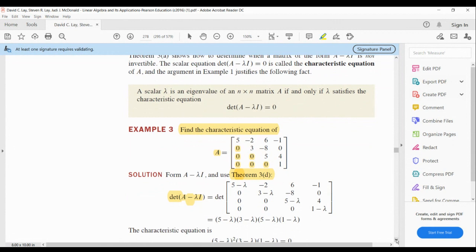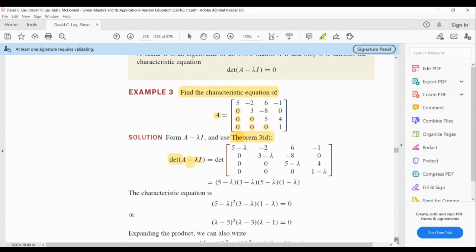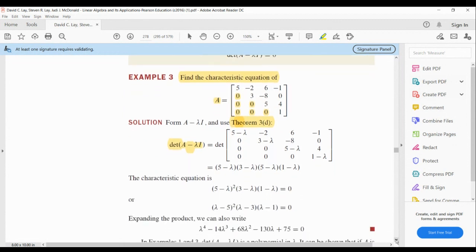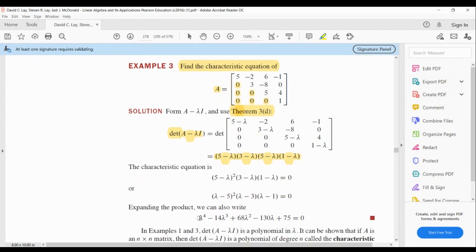And that gets you your characteristic polynomial. And then the characteristic polynomial can be, through algebra, written out to be a characteristic equation.